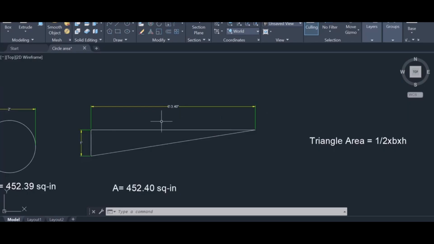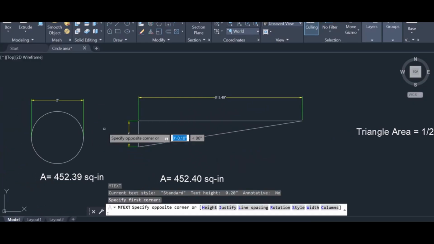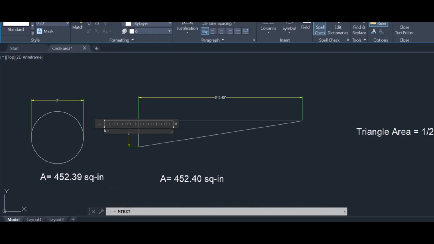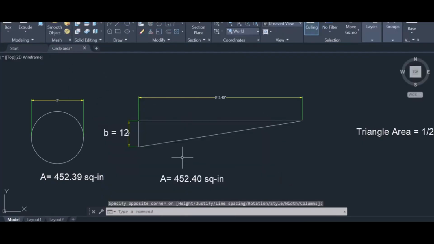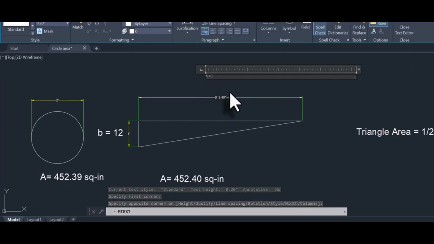So this is B. This is B. This is B. And B is equal to 12-inch. 12-inch. And 12 is the height. It's 75 Y 4-inch.